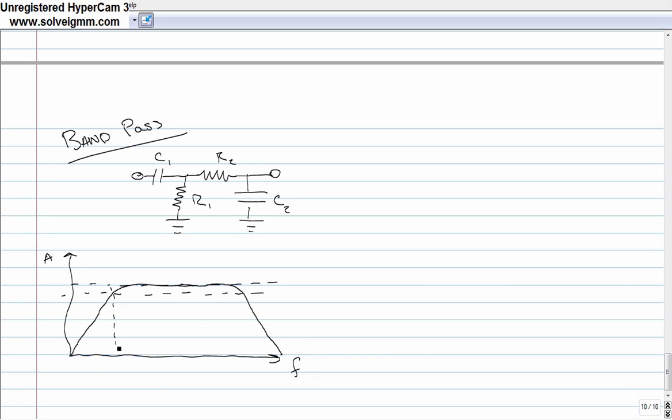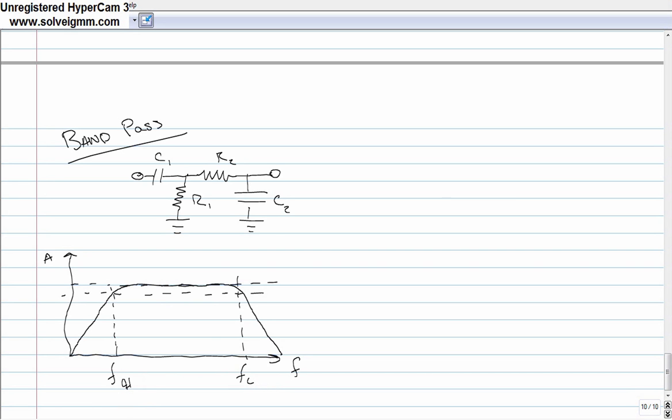And again, it's got the same behavior. Here's FL. FH. Here's FL. That's the high-pass cutoff frequency and the low-pass cutoff frequency.